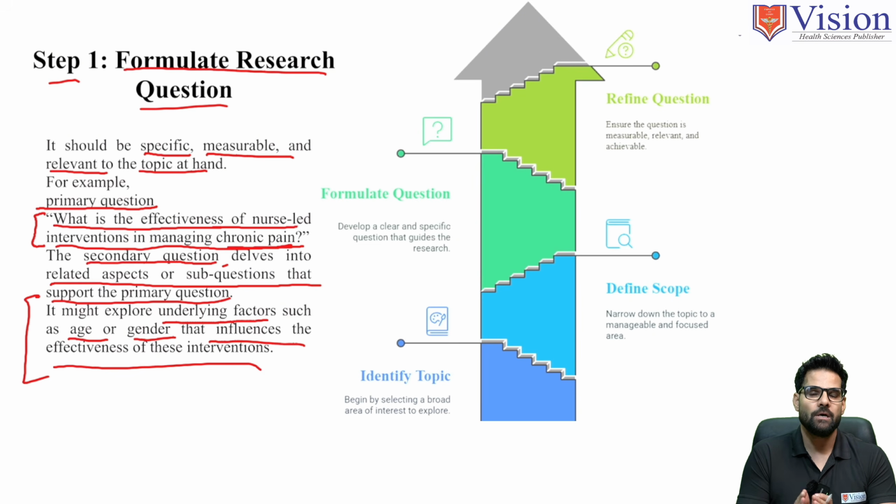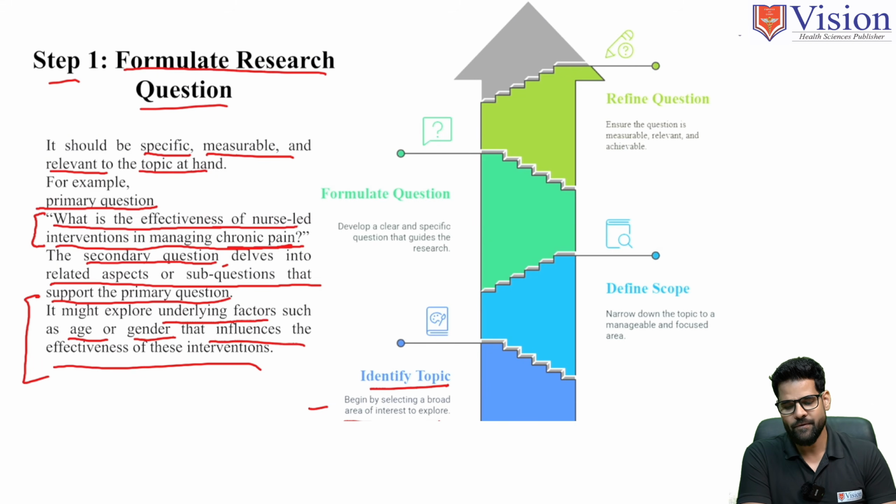So whenever you start doing a literature review, see what your primary question is; it should reflect exactly what your research problem says, and then look for the secondary one. Here you just identify a topic. Begin by selecting a broad area of interest to explore. If you start very narrow in the beginning, you won't find much literature.